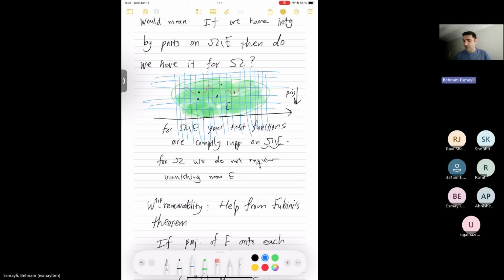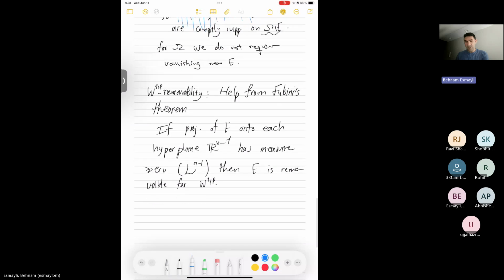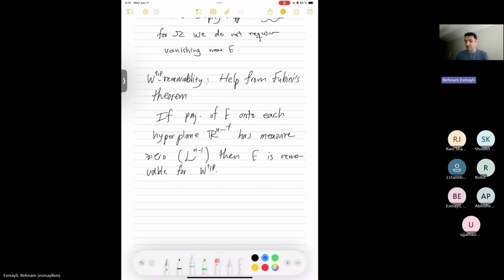Actually, you can use this idea to prove the ACL characterization. A function is Sobolev if and only if it is absolutely continuous on almost every line, and the directional derivatives end up being in LP.